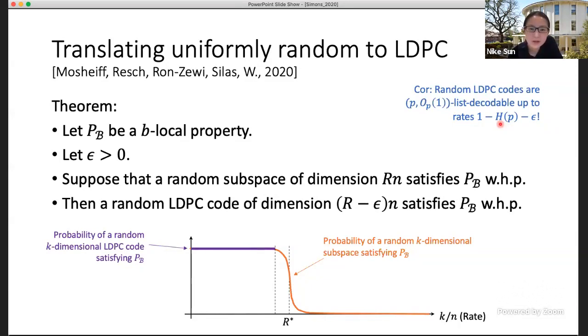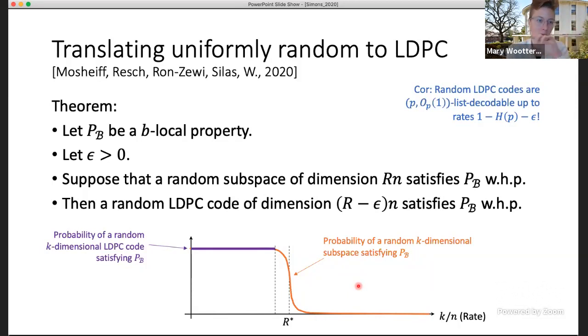So this is a one-sided statement? You mean like the purple curve, where I have a purple line here and I don't extend it down there? Yeah, that's right. So this is a one-sided statement. It's a really good question whether the converse is true. So actually the converse is false, but it's false for stupid reasons. For this particular ensemble of LDPC codes, for this particular ensemble of random matrices, you can set up the parameters so that there are no odd weight vectors that live in this kernel.